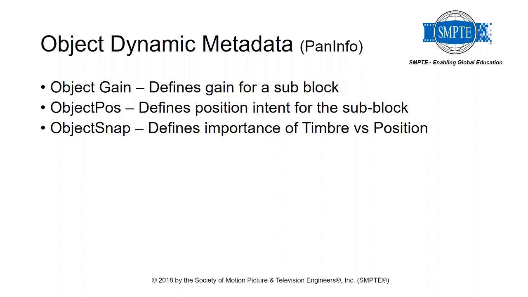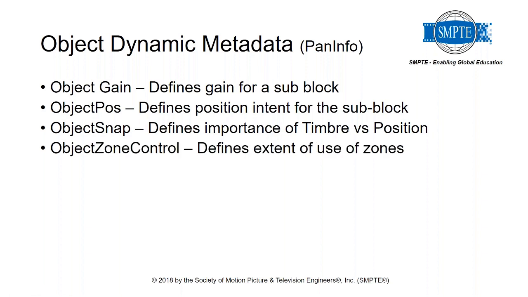When you start spreading an object over multiple speakers, you're bound to get some timbre changes. And so it does essentially equate to, if you want to preserve timbre, you snap to the nearest speaker, whereas if you want to preserve position, you use the number of speakers needed to accurately reproduce that.